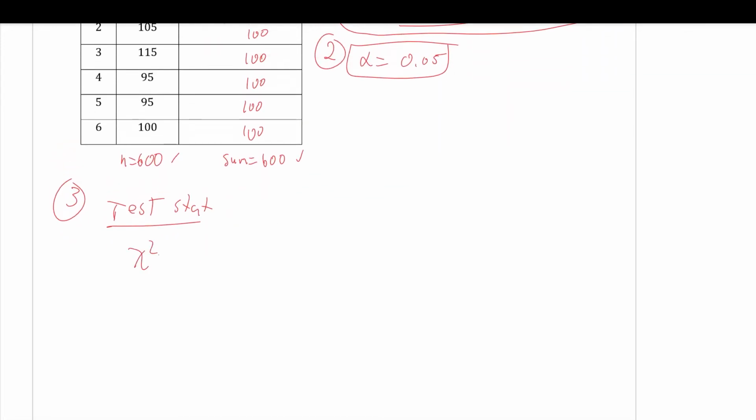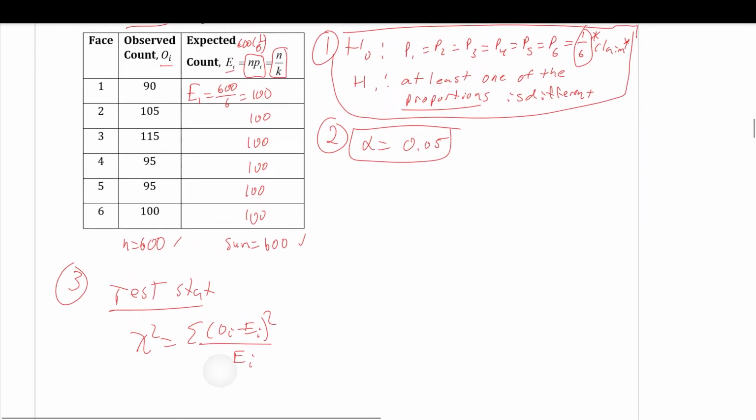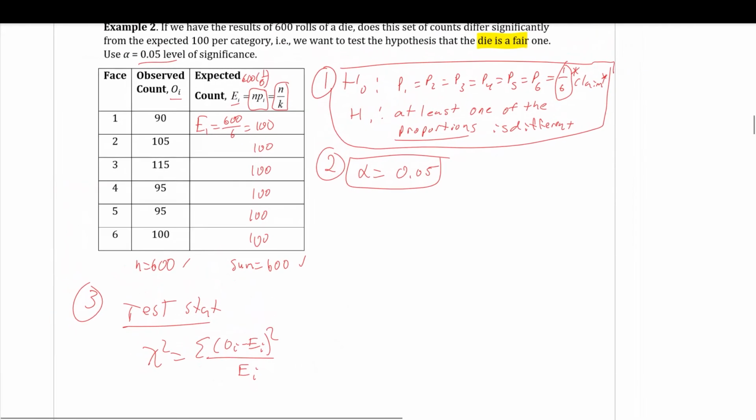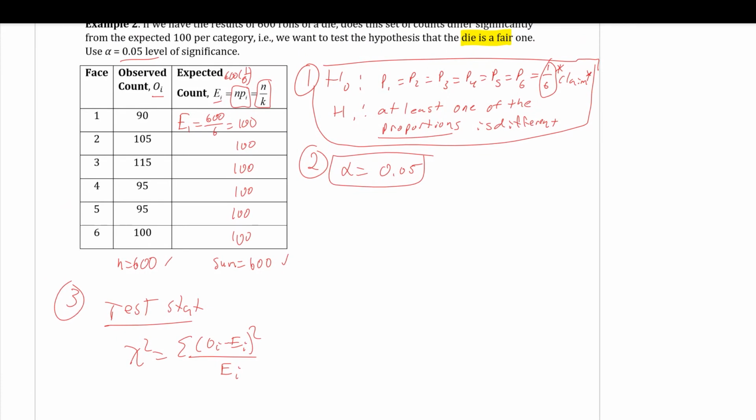Chi-squared is the sum of your observed values minus your expected values, squared, over the expected value. What we're going to do here is call one of these lists L1 and one of them L2. It doesn't really matter which one you call L1 or L2.